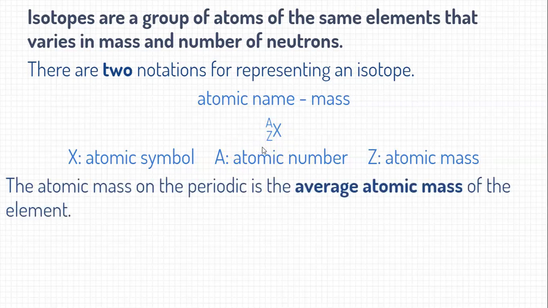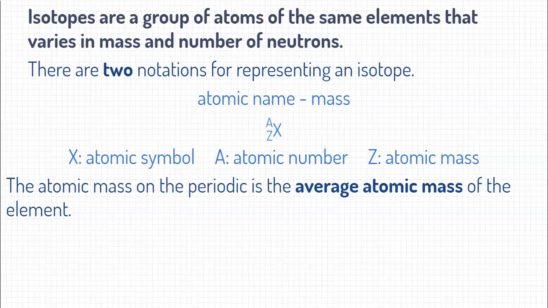Now, the atomic mass on the periodic table is the average atomic mass of the element. If you look at a periodic table, all of the elements' atomic masses have decimal places. And yesterday, when we were trying to find the number of neutrons, we wanted to round the masses to the whole number. Well, why are the atomic masses not just whole numbers anyway?